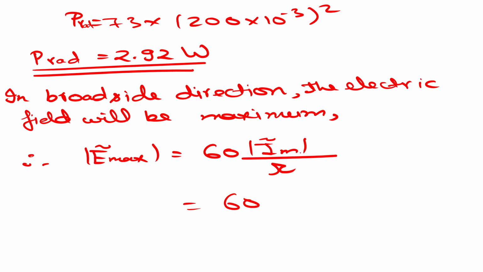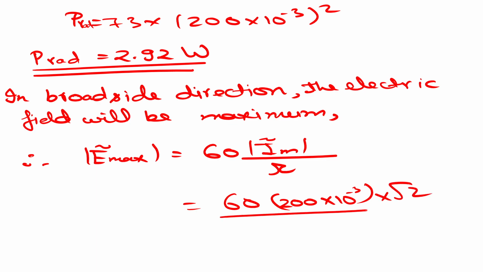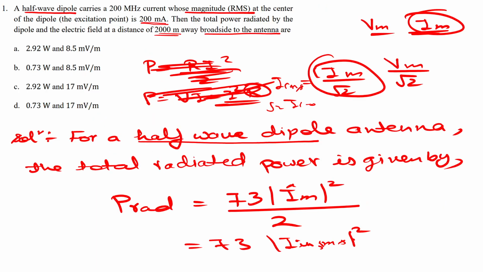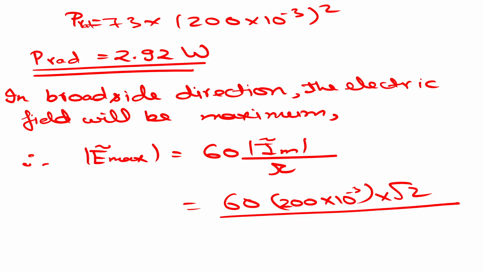Since we don't have Im, we have IRMS, we can write this as 200 times 10 to the power minus 3 multiplied by root 2, divided by the distance, 2000 meters away. So R is 2000 meters. And when we solve this we will get 8.5 millivolt per meter.